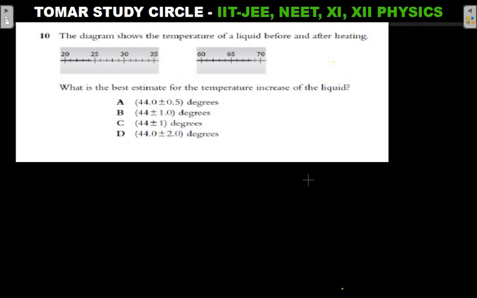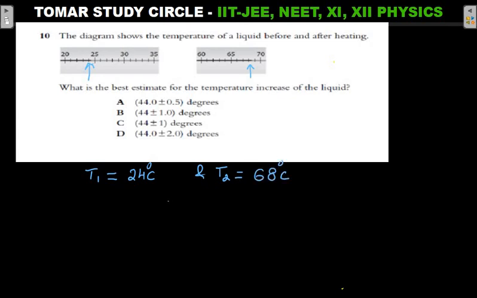The difference in temperature is here. This temperature is 24 degrees and this temperature is 68 degrees, that is T1 is equal to 24 degrees and T2 is equal to 68 degrees.